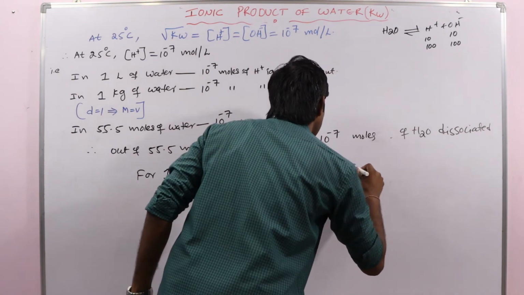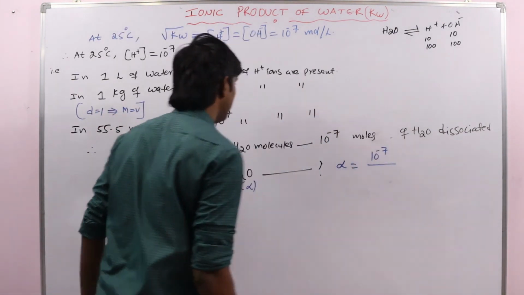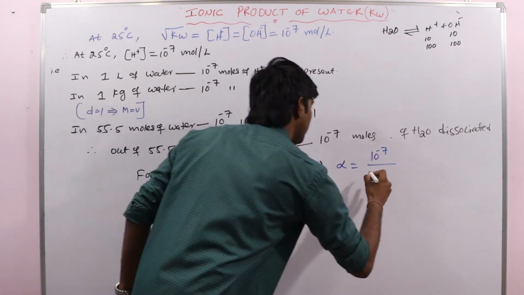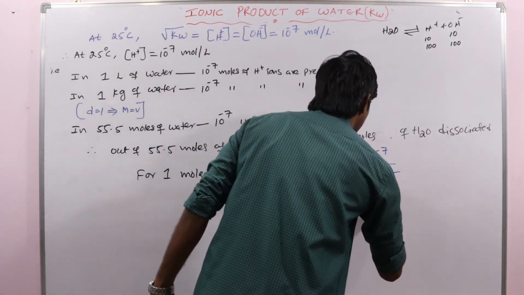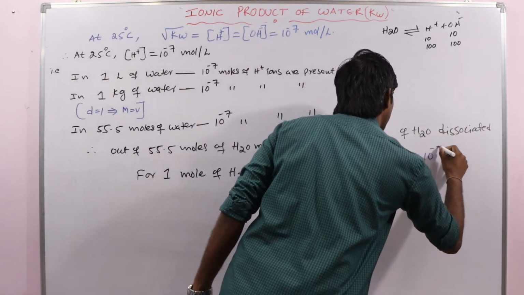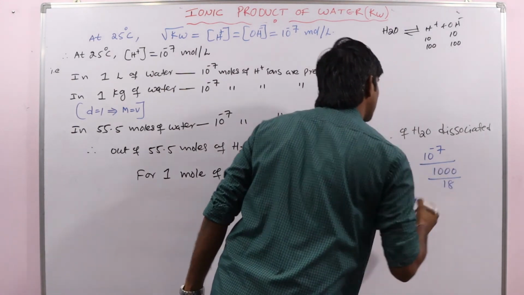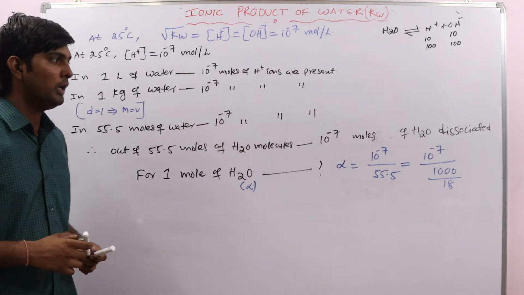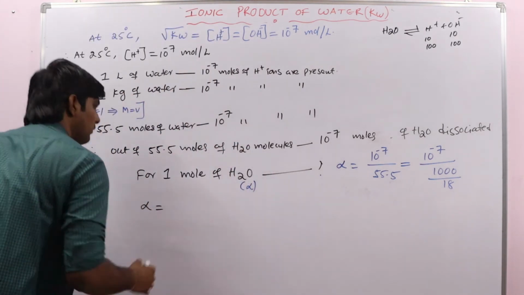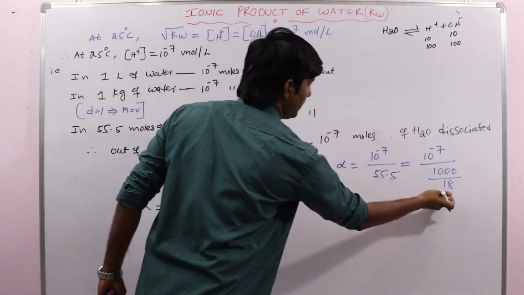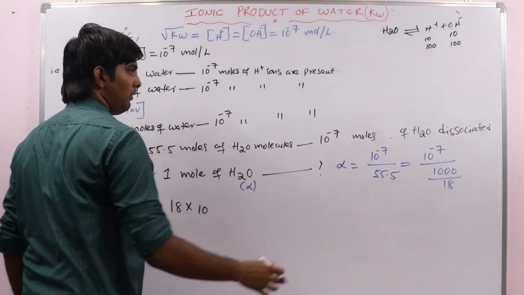So alpha is equal to 10 power minus 7 by 55.5. We can write 55.5 as 1000 by 18. Taking the 18 up, we get 18 into 10 power minus 7.